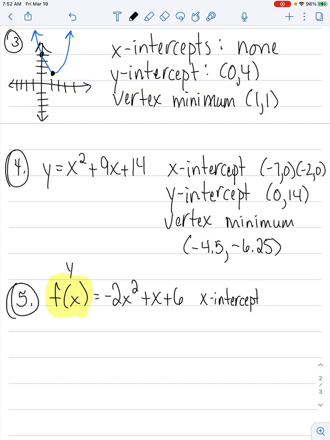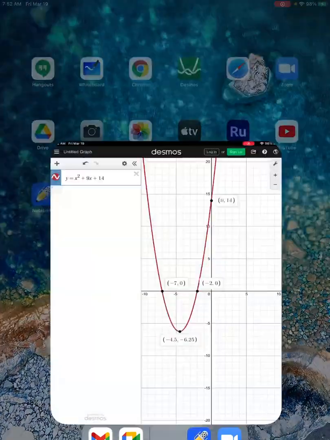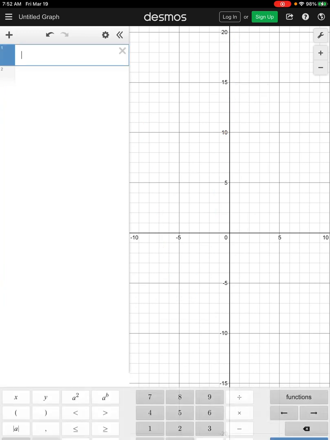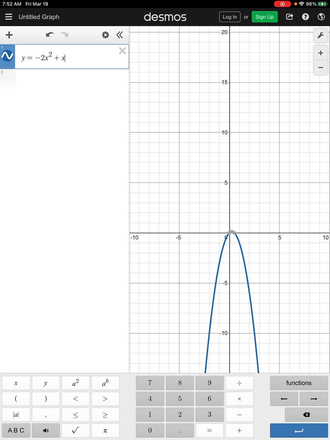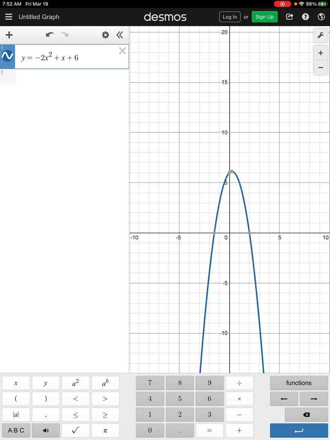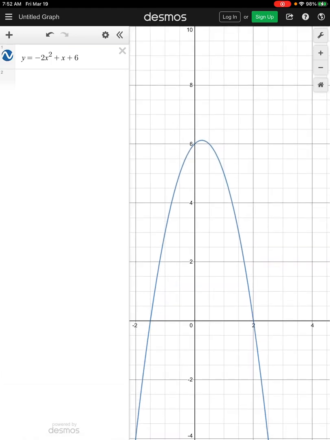So I still want us to find the x-intercepts, the y-intercept, and we're going to find the vertex and decide if it's a maximum or minimum. So let's type this in our calculator. Y equals negative 2x squared plus x plus 6.